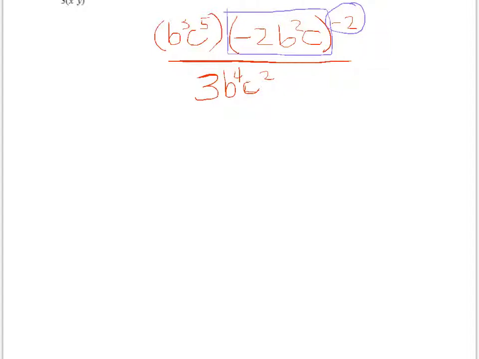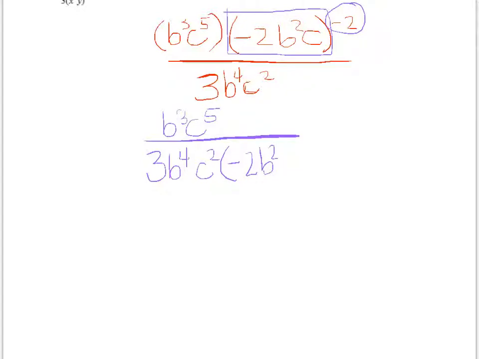So on the next line I'm going to have b cubed c to the fifth over 3b to the fourth c squared, and then I'm moving the whole base to the bottom, and the exponent, the negative 2, is going to become positive 2.